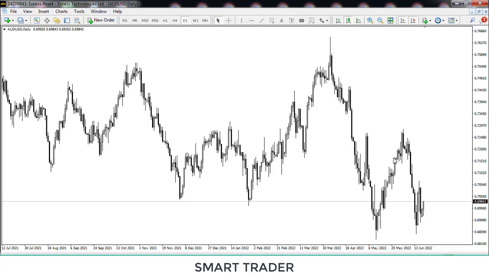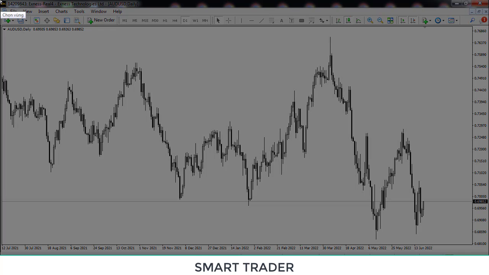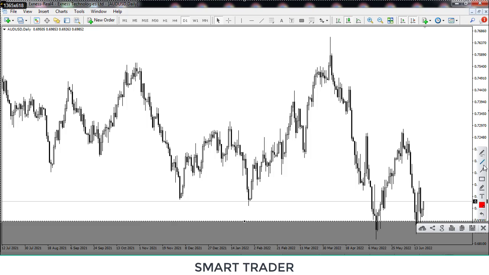Okay, now another example, and as you can see here, the market makes a high, low, high, low, right? We have a downtrend.